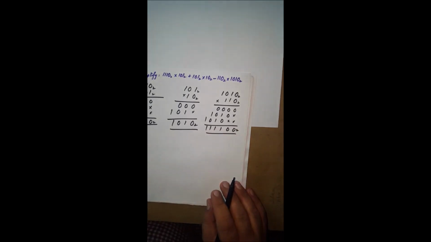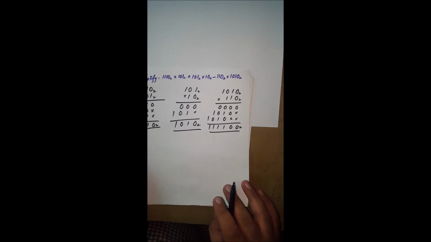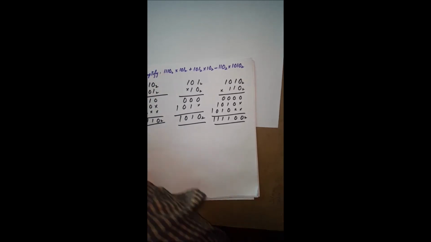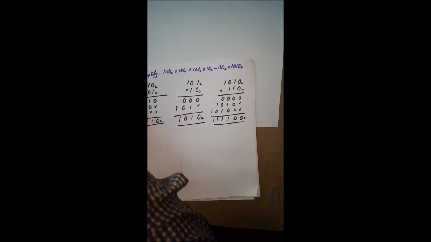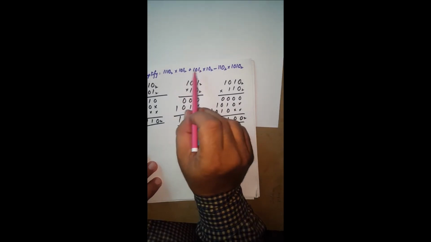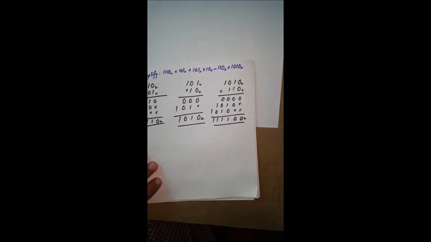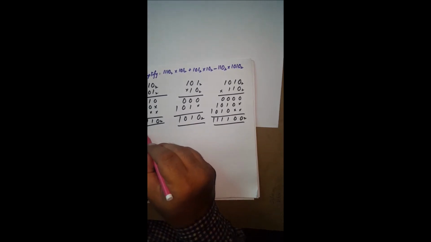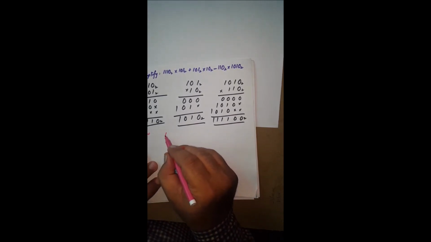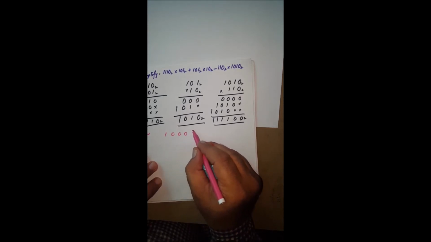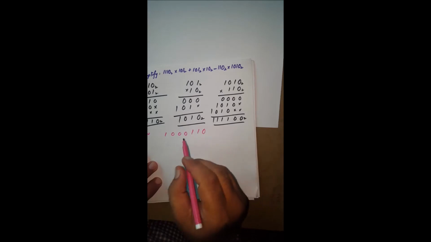Now in the next step we have to add and subtract. According to the question, we have to add the results of these four numbers. Now, 1000110.